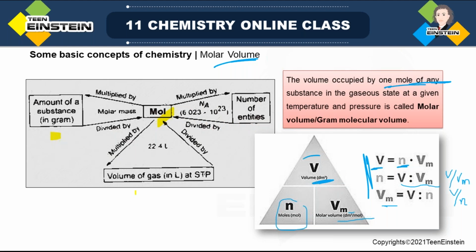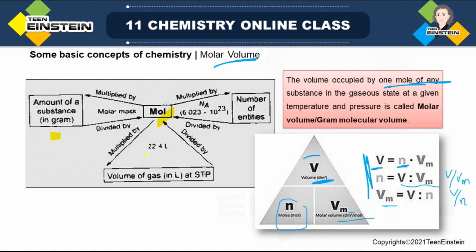Fine. Now come to the lower part. Suppose mole numbers are given, you want to know the volume of the gas. Suppose the substance involved is a gas. You want to find out the volume in terms of liters at STP. Now this relation is applicable only at STP.